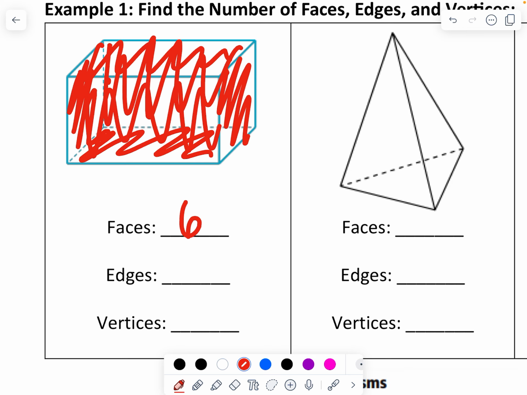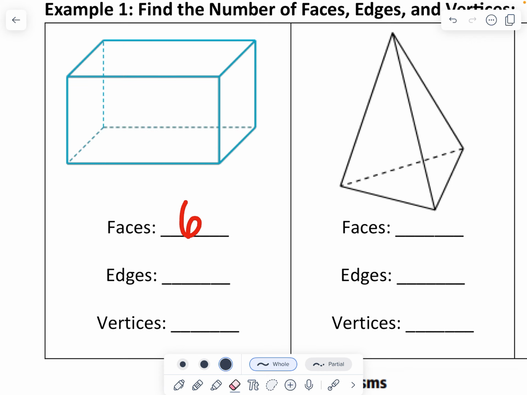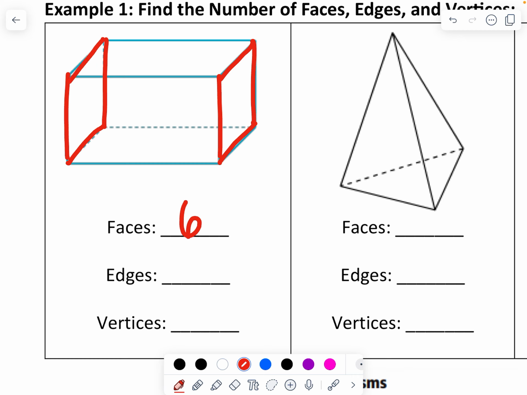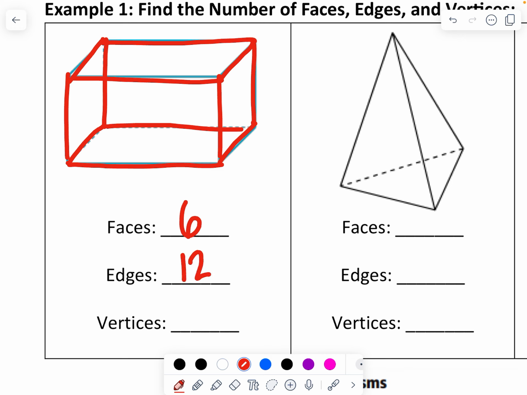It has 6 faces. And then edges, so we have 1, 2, 3, 4. And we also have 1, 2, 3, 4. So that's 8 altogether. But then we have the edges that connect the bases. So that's 4 more. So that means we have 12 edges.